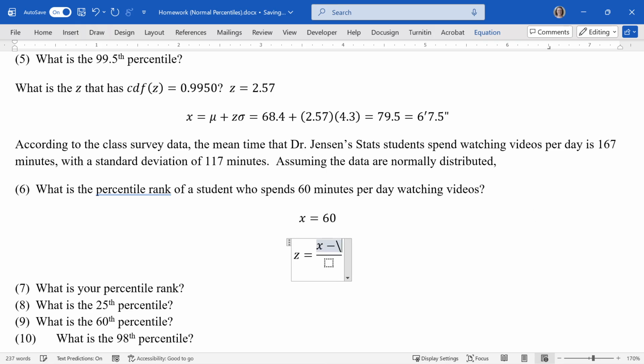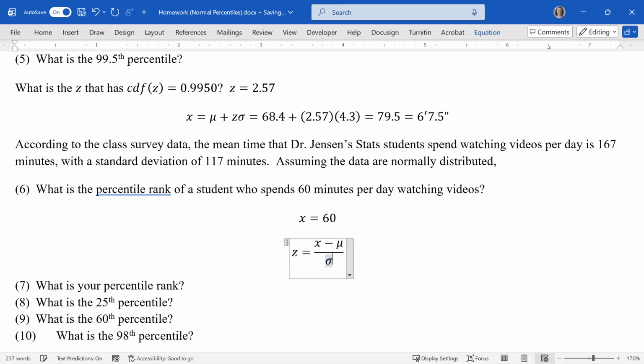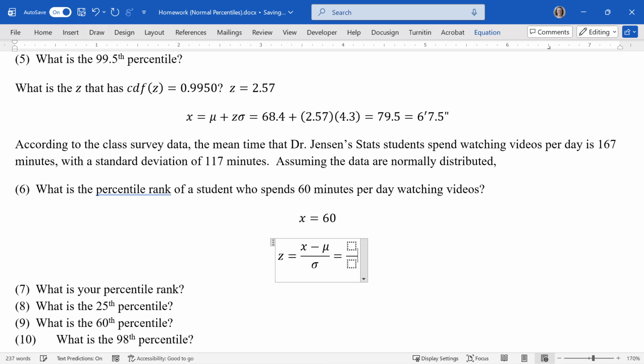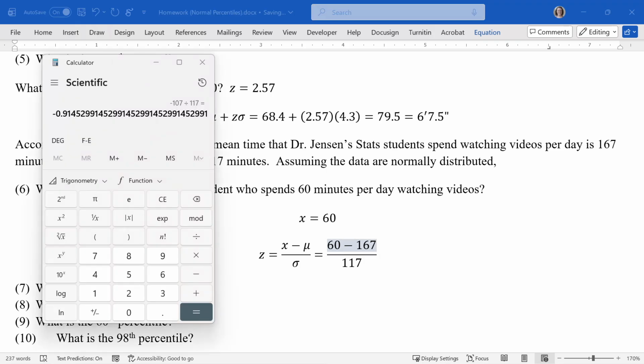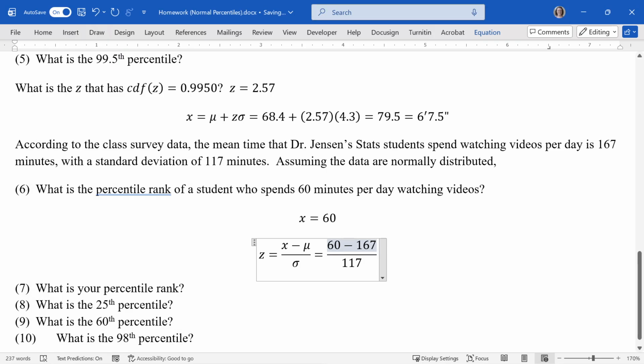So I'm going to do x minus mu over sigma. So 60 minus, let's see, the mean was 167. Sigma was 117. All right, I'm going to put this in a calculator. I'm getting negative 0.91.